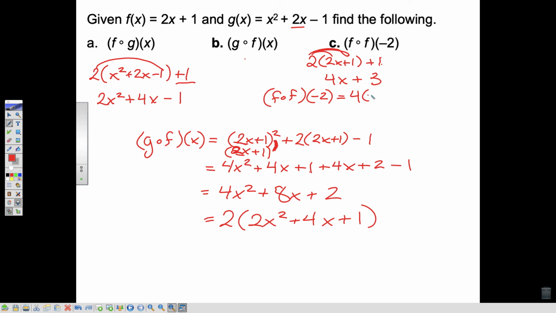So 4 times negative 2 plus 3 is negative 5. Okay, it's not too bad, right? I just have to make sure I follow my rules, distribute my negatives. Yes. So we just have to go through and make sure we're doing everything we need to do. Yep.